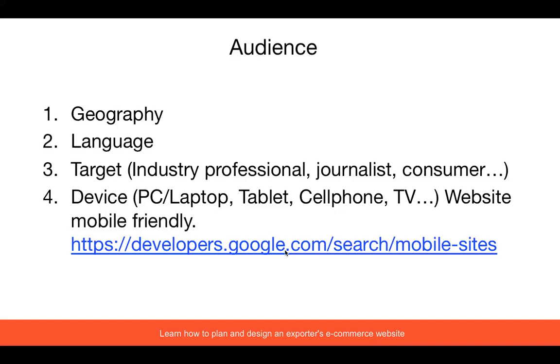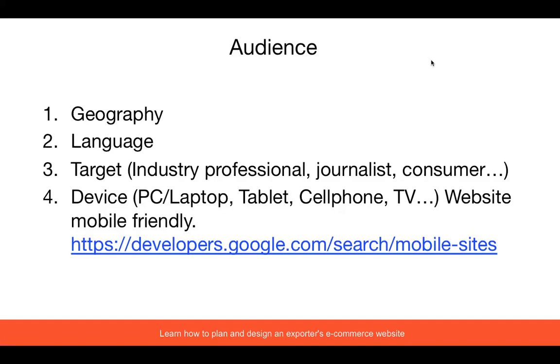So depending who's your target audience, you must have different kind of information in your website. And also very important, what kind of device people are using to browse the net and to do purchases online. Are they using a PC, a laptop, a tablet, a cell phone, a TV, a video game? Okay, so most people are using the cell phone, the mobile phone.